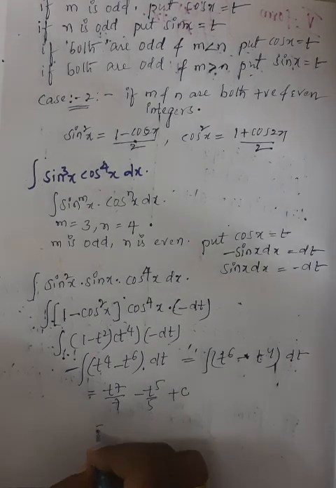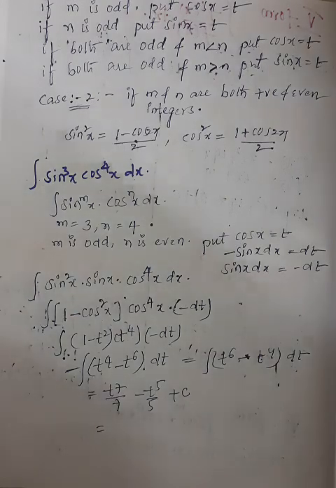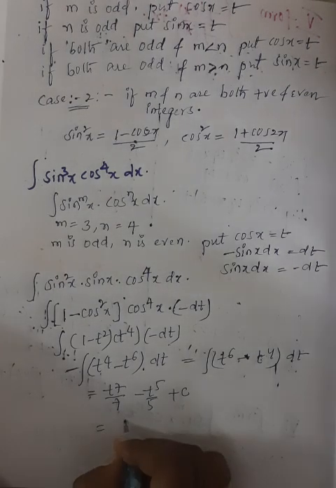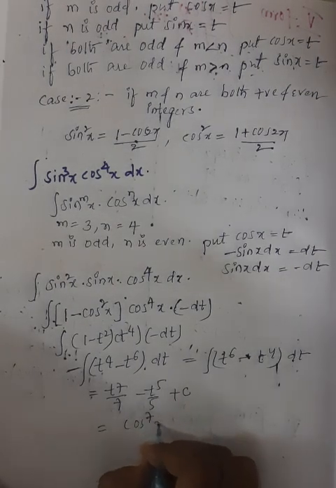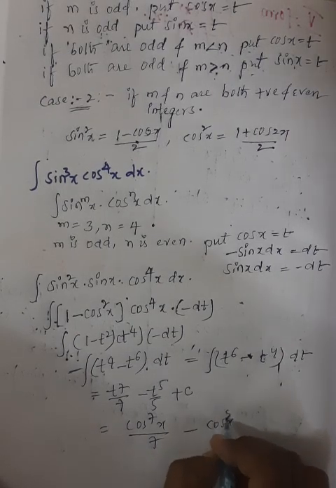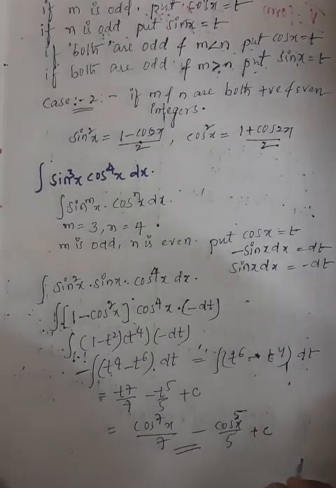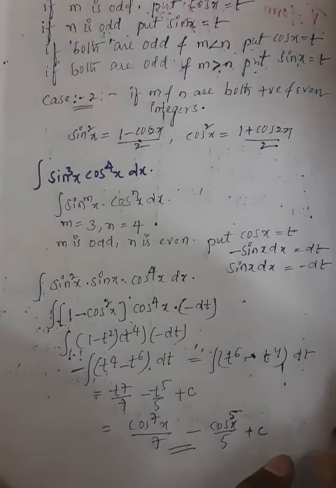Again replace t with cos x. So cos x power 7 by 7 minus cos x power 5 by 5 plus c, which is our final solution for the given question.